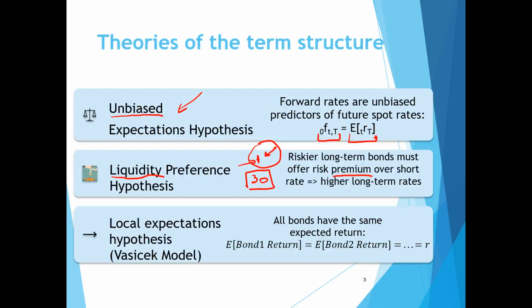And then finally, this is the one that we're going to do in this chapter and that we did in the previous chapter. It is called the local expectation hypothesis. In the local expectation hypothesis, the expected return of the first bond is equal to that of the second bond, and it's always equal to the risk-free rate.